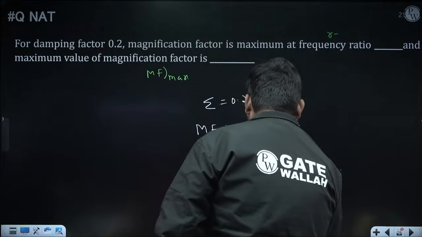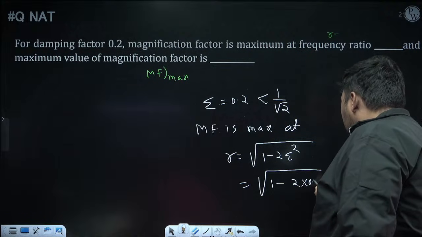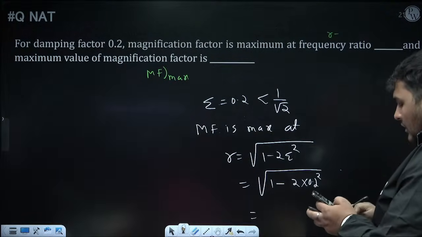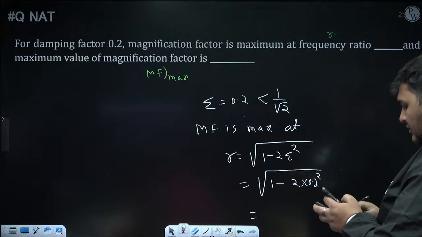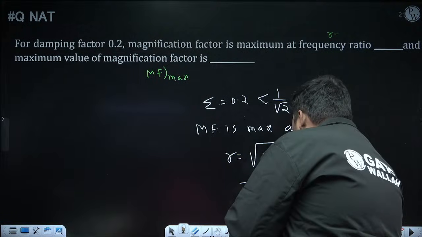So just do the calculation. Root over 1 minus 2 zeta square, and zeta is 0.2, so 0.2 square. Root over 1 minus 2 into 0.2 square, you can check, it is coming 0.959.